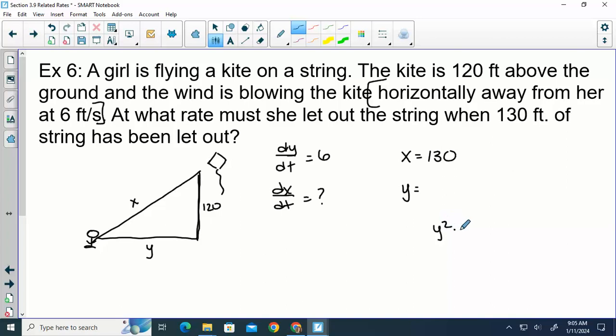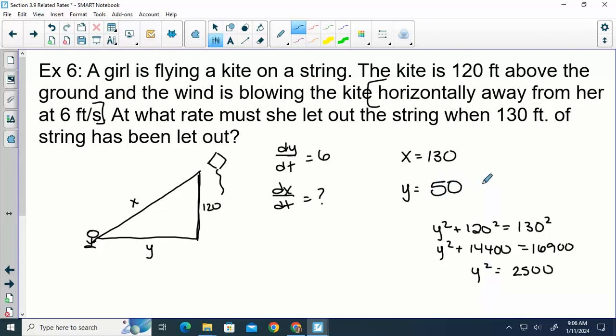So y squared plus 120 squared would equal x squared, so 130 squared. So at that instant, my y is 50.